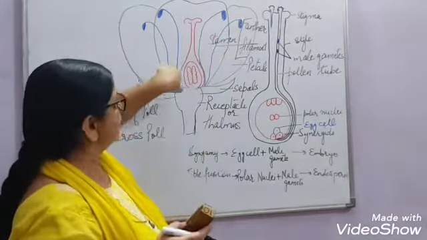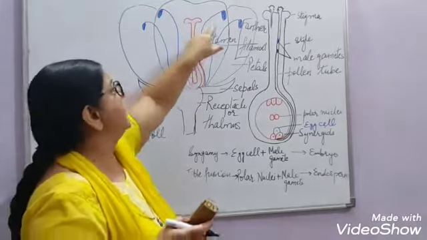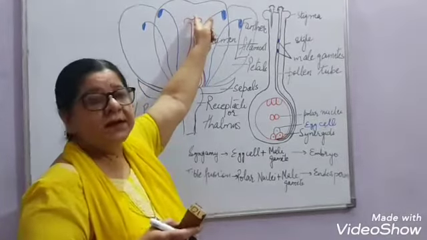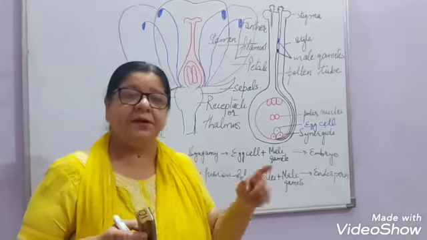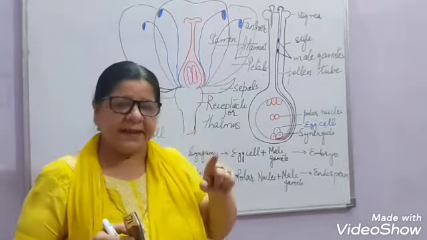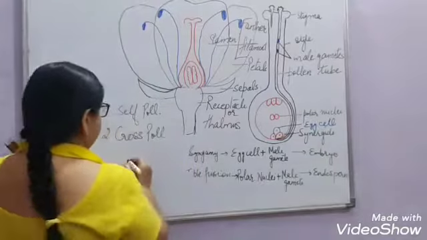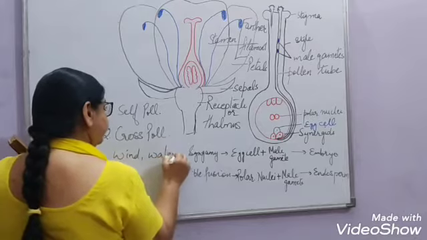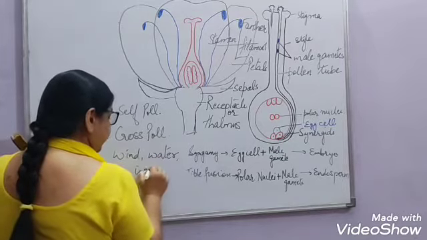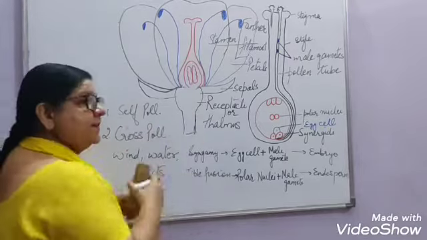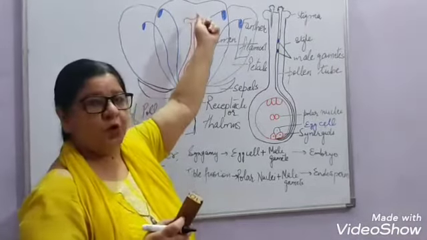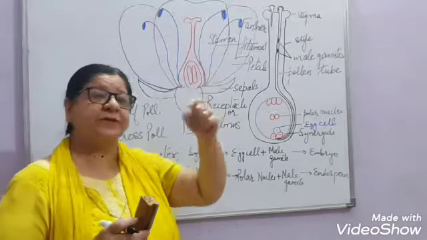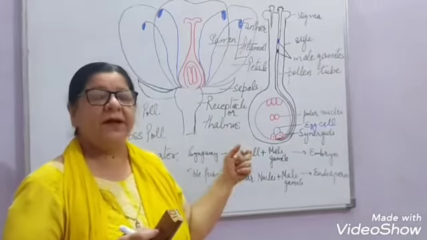Now, self-pollination occurs in bisexual flowers. That is, in one flower only, when stamen and carpel are present, the pollen grains from the anther will fall on the stigma. This pollination takes place with the help of certain agents like wind, water, insects, etc. When the wind blows, pollen can flow from the anther and fall on the stigma, or through insects like butterflies, right?